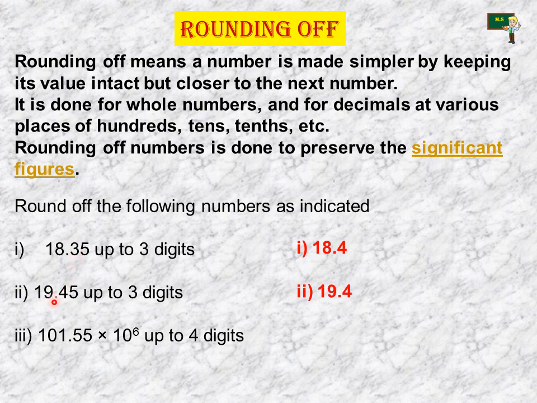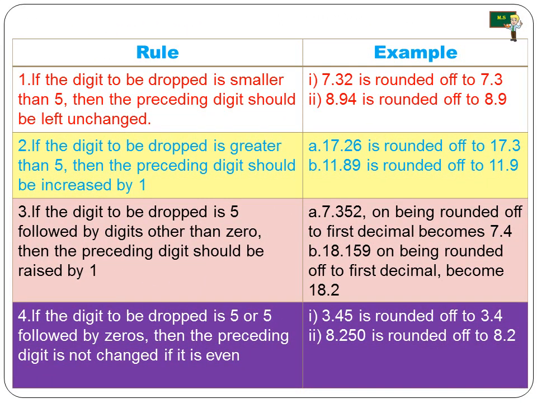The next one, 19.45 up to 3 digits. The digit to drop is below 5, so we neglect it and put 19.4. Third one, 101.55 times 10 to the power 6 up to 4 digits. We put 101.6 times 10 to the power 6. These are some examples for rounding off.